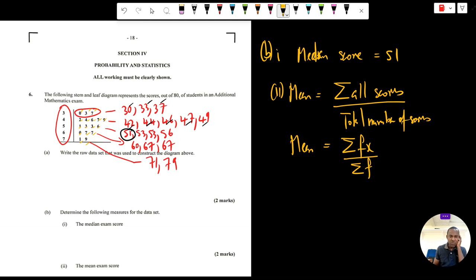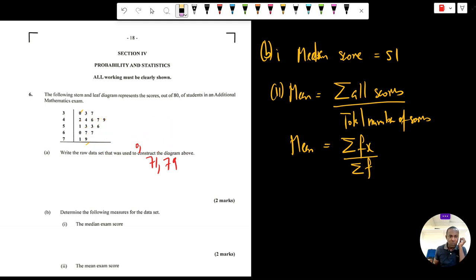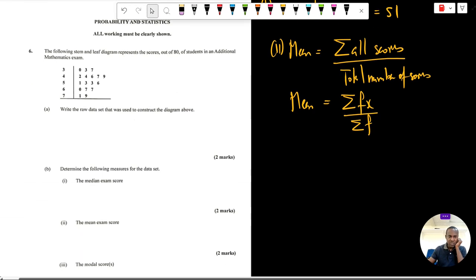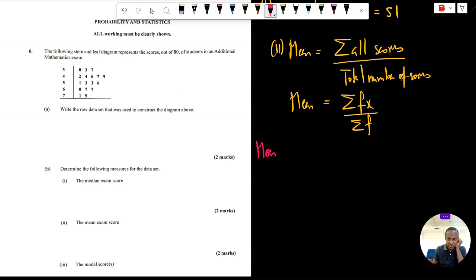Now, if we examine the table of scores shown here, we recognize that we have certain scores which are listed more than once. So we can go ahead and calculate our mean. In terms of calculating the mean, we would say that the mean equals 30 plus 33 plus 37, right?